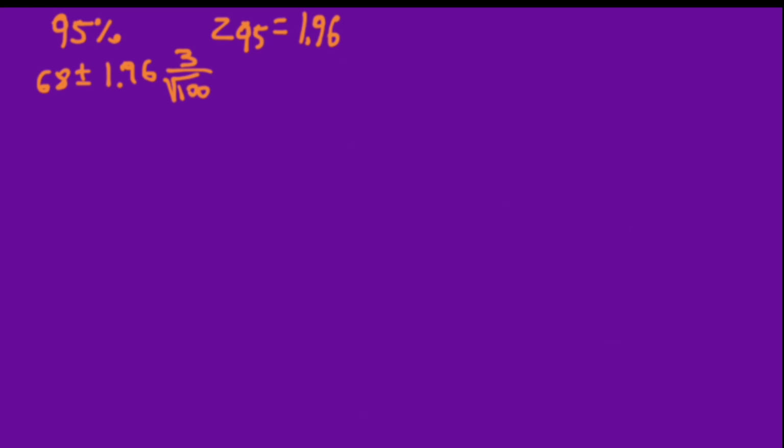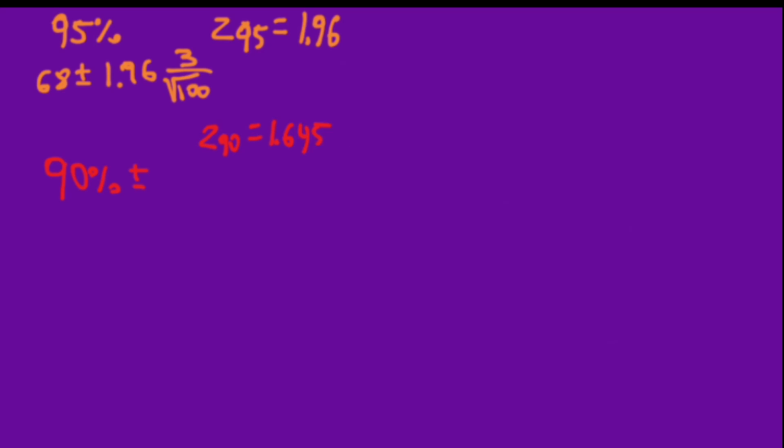All that's going to change when we deal with, say, 90%, is what we find on the z table. If we look up the z associated with 90, on our z tables that's 45% and then doubled, that's going to give us 1.6.